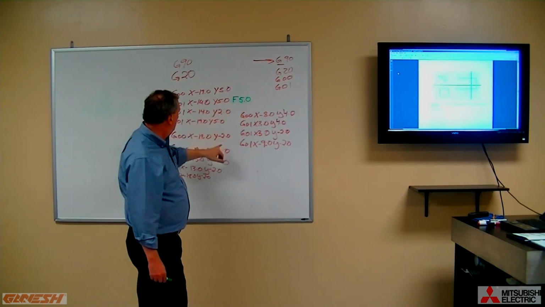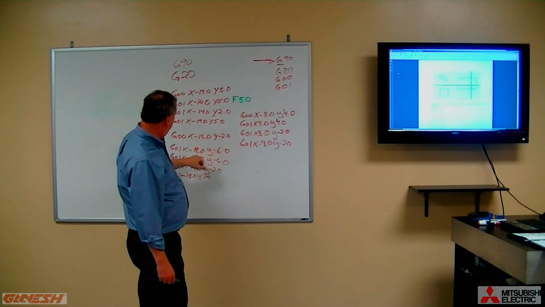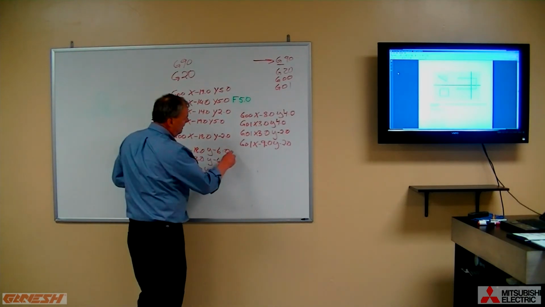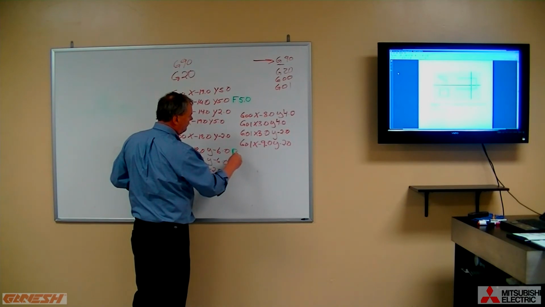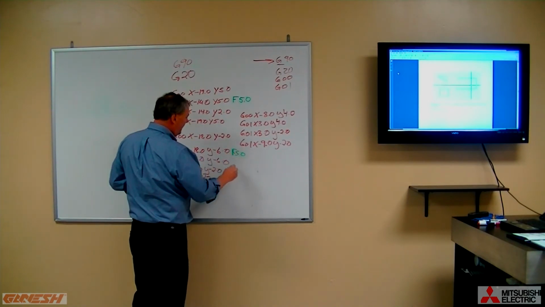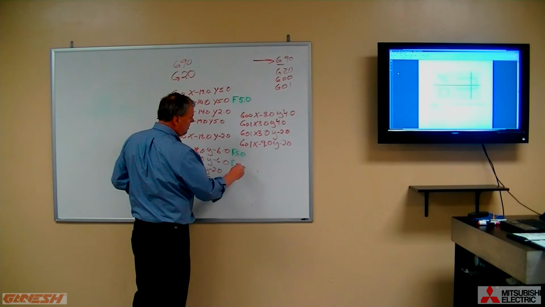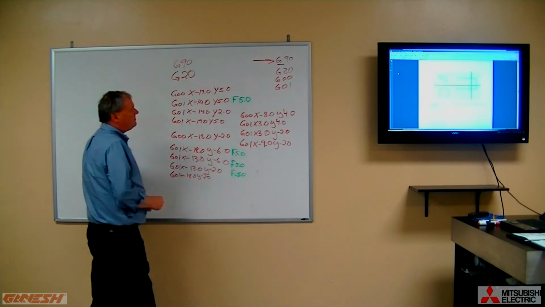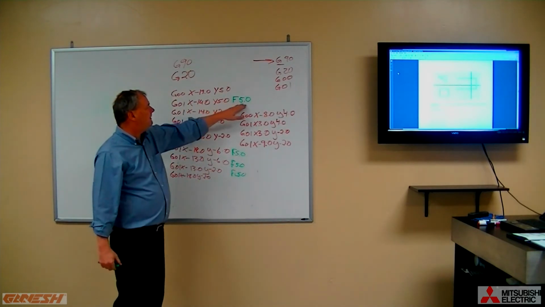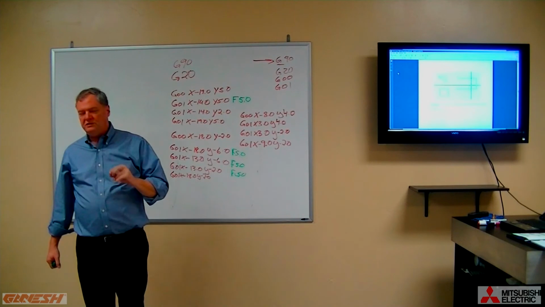So if we go and wrap it here and then go back into a G01 here, it's going to remember and do the same thing as if I repeated F here. I can repeat F as often as I want, but I don't have to, because the controller will remember it. This is what's called modality.